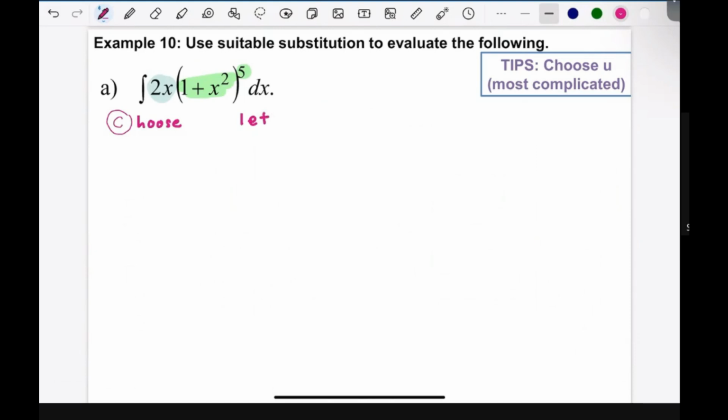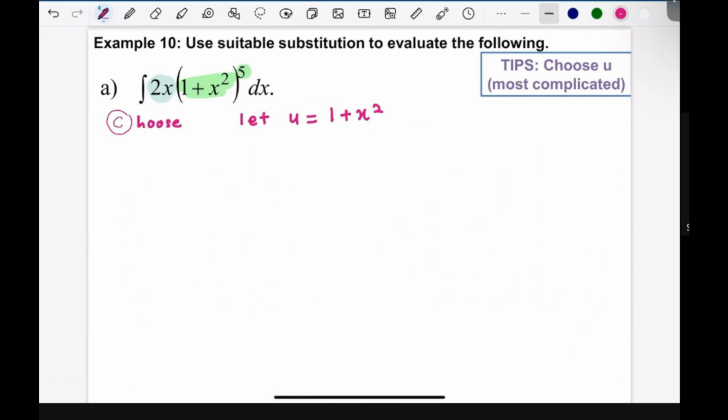Most of the time, we will choose the more complicated version. So between 2x and 1 plus x squared, 1 plus x squared is more complicated because we have it to the power of 5. But for our u, you don't have to take the power outside of the bracket. So u is only 1 plus x squared.